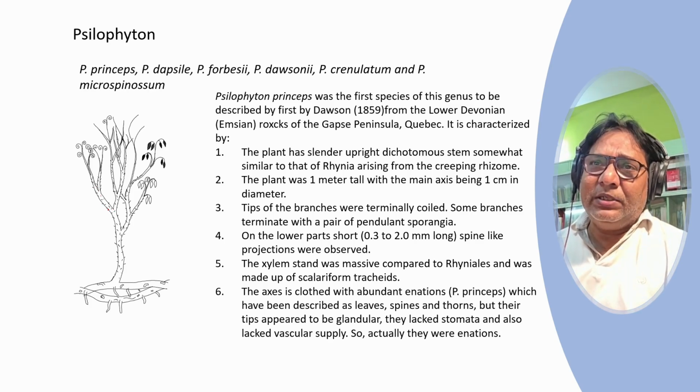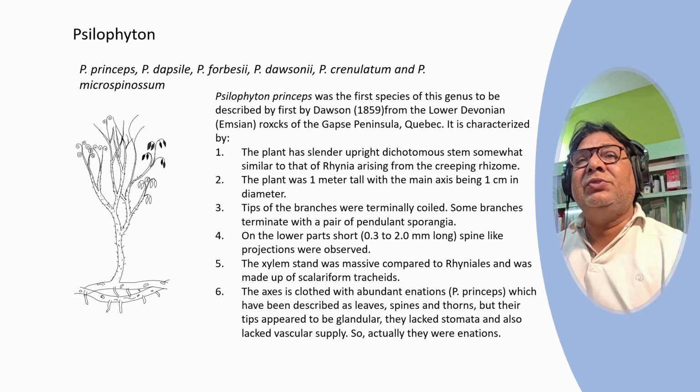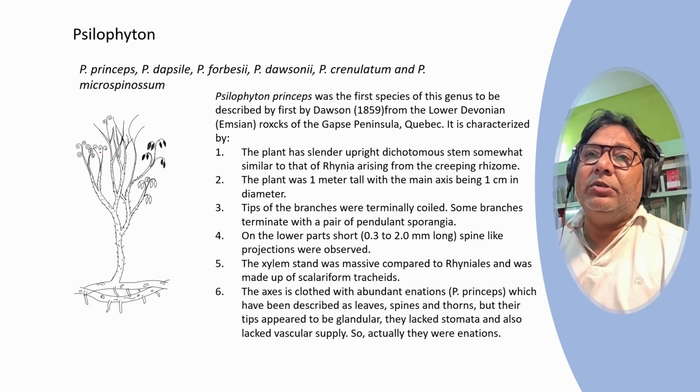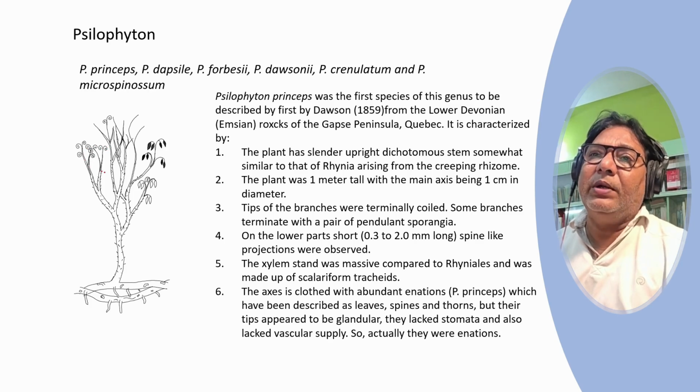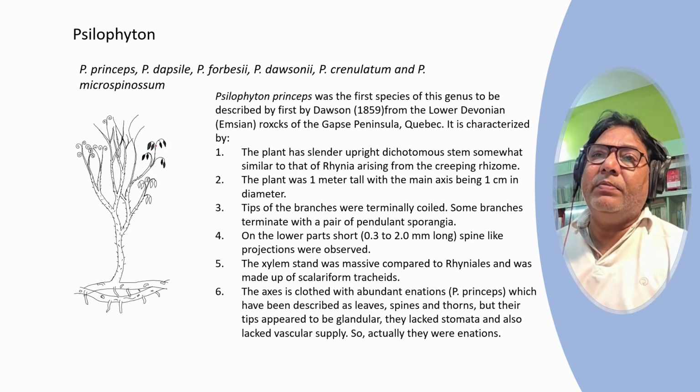So they were neither microphylls nor spines or thorns; they were actually enations. The lateral dichotomies were circinately coiled, particularly the sterile ones. And as we said earlier, there were sporangia in pairs, fusiform and suspended like this, the pendulous kind.